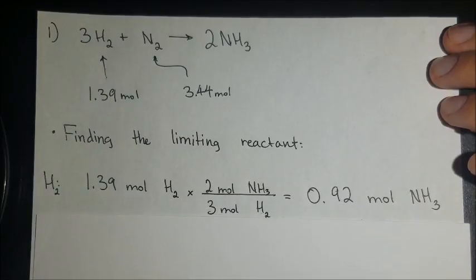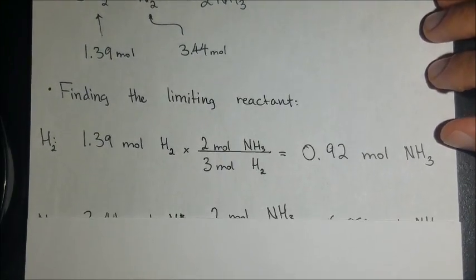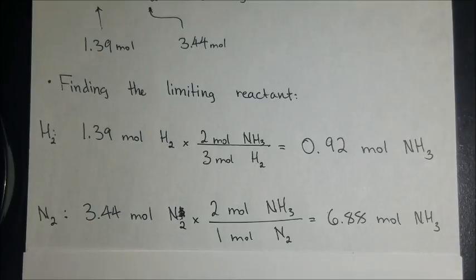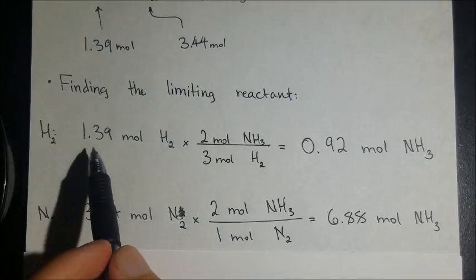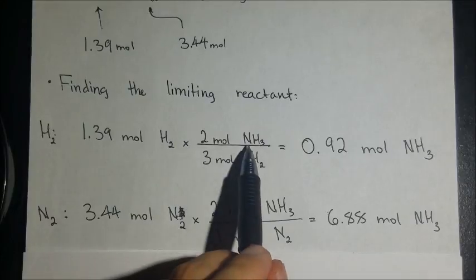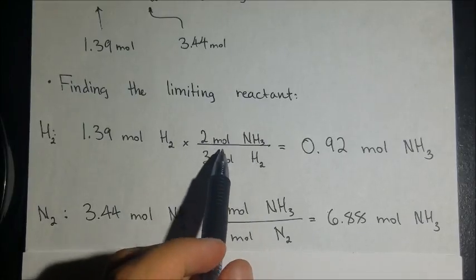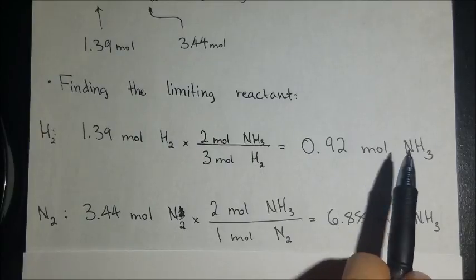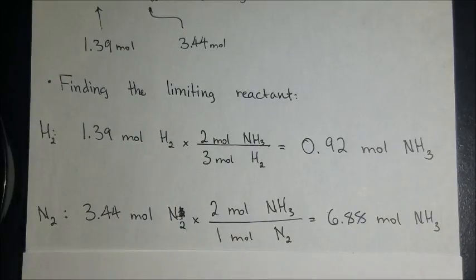So here we've got finding the limiting reactant. And you are hopefully familiar with this process at this point, where we take a look at each of the reactants. So here we've got hydrogen, and we took the number of moles of hydrogen we had, multiplied it by the mole-to-mole ratio from the equation, and obtained the number of moles of ammonia we would produce with this many moles of hydrogen.